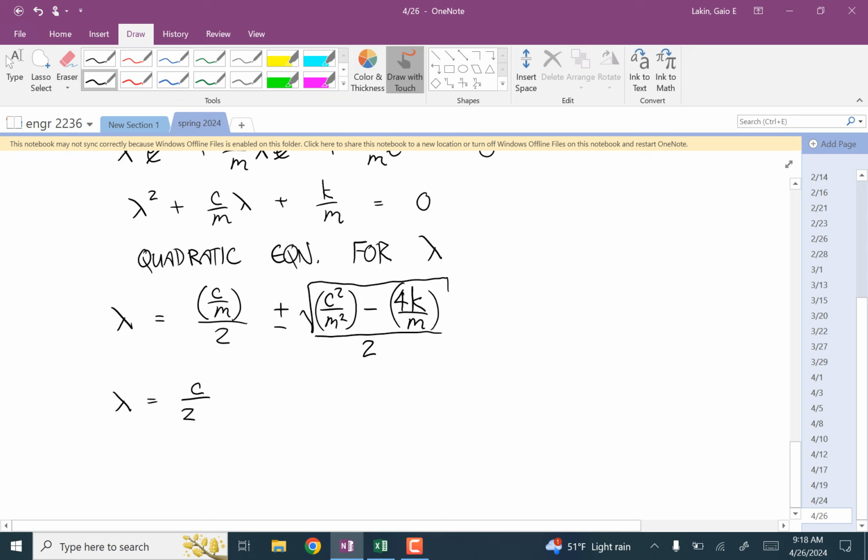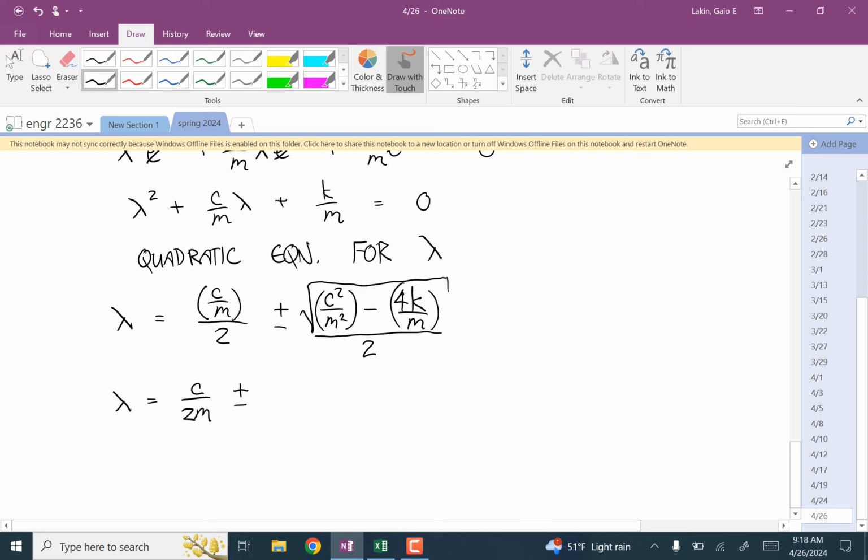So c over 2m plus or minus. Okay, so now with a little bit of algebra fiddling, you can simplify this. Notice that the c squared over m squared, if we have everything over m squared, we can pull that out of the square root as just m. And so I'm going to think of this 4k over m as 4mk over m squared, and then we can pull that out.